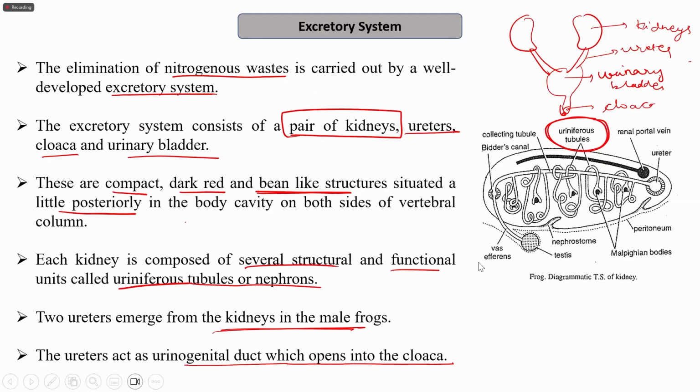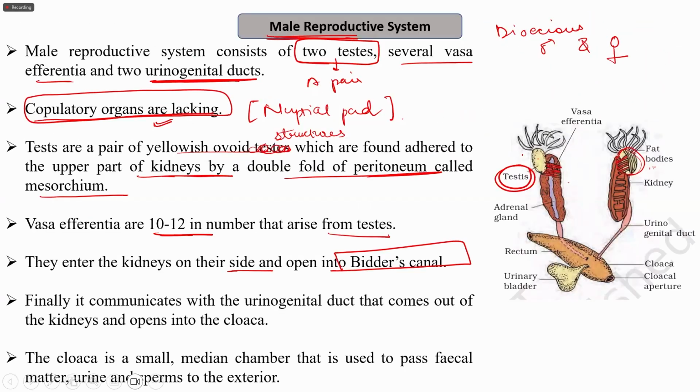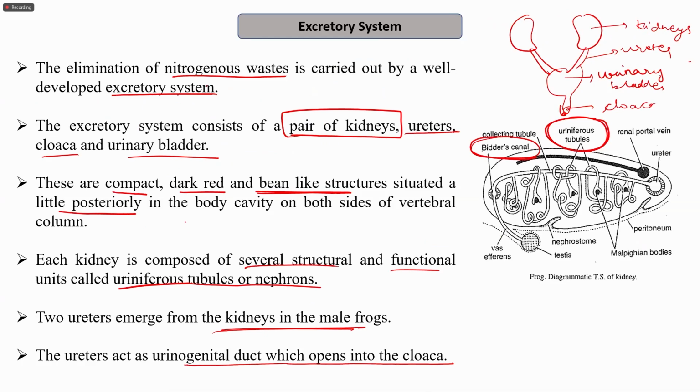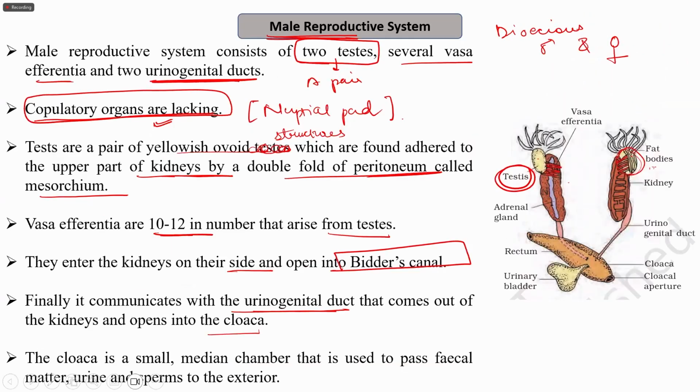You can see in this figure, the testes contain vasa efferentia that enter into the kidney, the Bidder's canal. Finally, it communicates with the urinogenital duct, which comes out of the kidneys and opens into the cloaca. So the genital product, that is the sperm, enters into the urine system, the excretory system, and now it will come out through the cloaca.